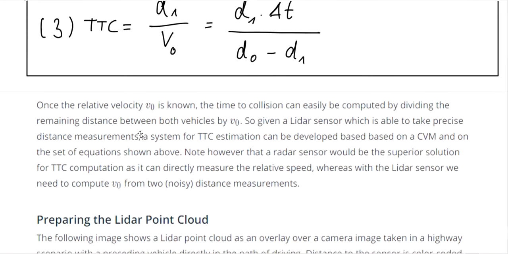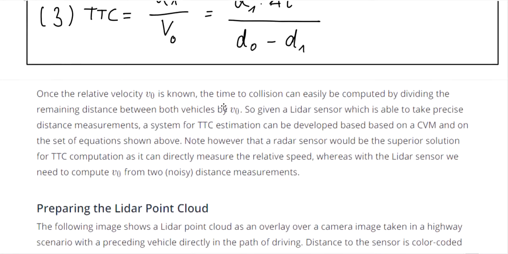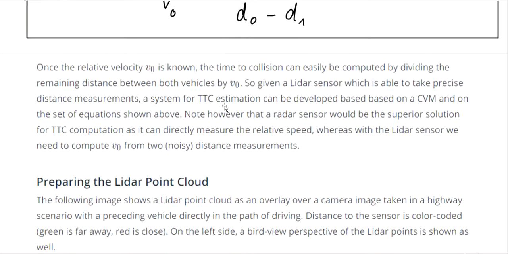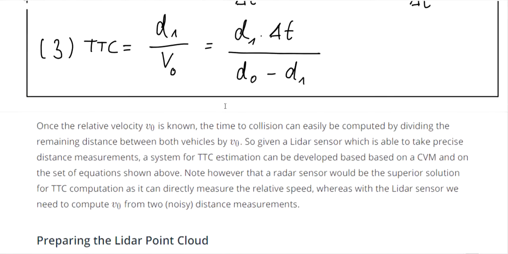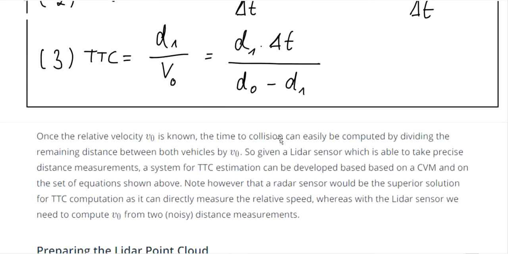So the relative velocity v0 is known, and the time to collision is easily computed by dividing the remaining distance between both vehicles. Given a LiDAR sensor, we are able to take precise distance measurements. A system for time to collision estimation can be developed based on the CVM and on the equation above.